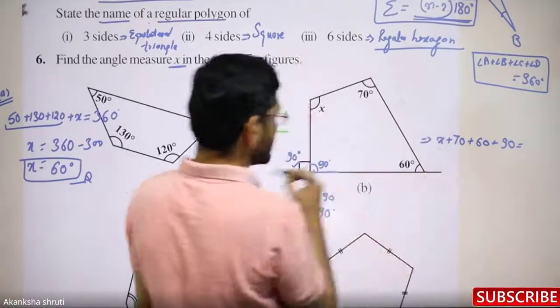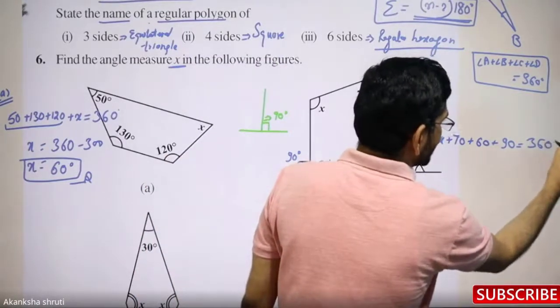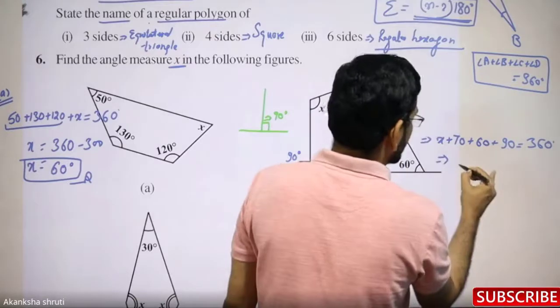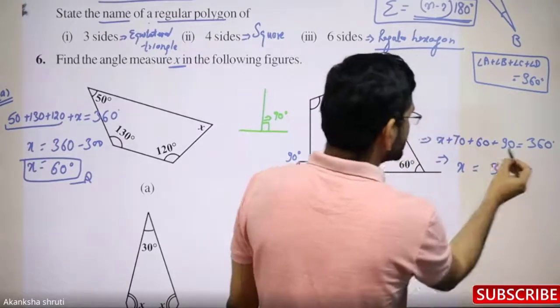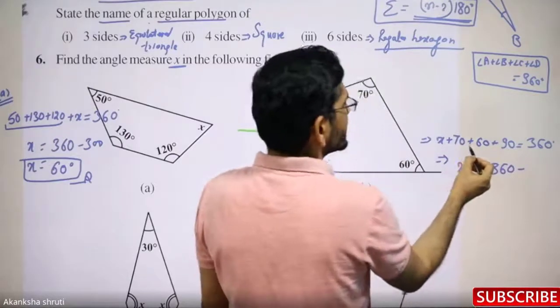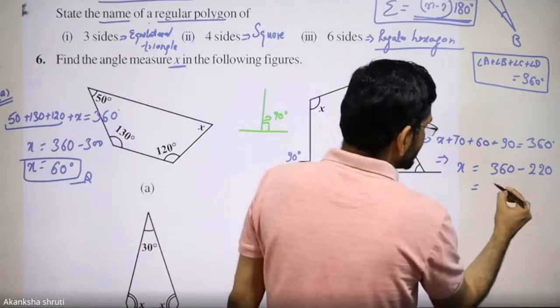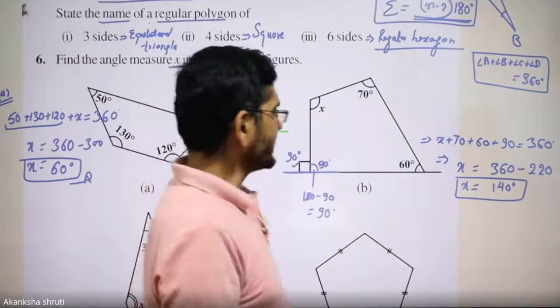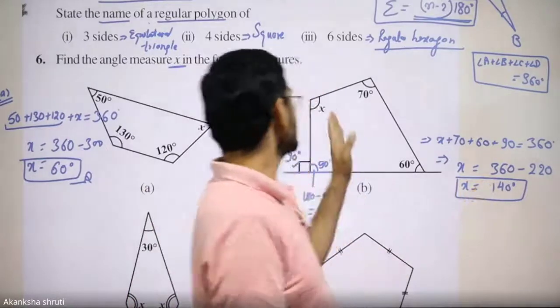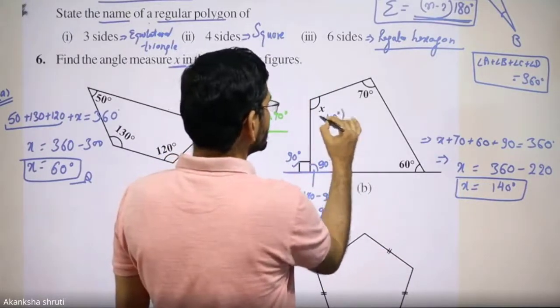It is also a quadrilateral, so its internal angle sum will also be 360 degrees. So x is obtained by 360 minus, you need to add it, so it becomes 120, 220. Go on subtracting, it is 140 degrees. So the value of x is 140 degrees. This is the required answer.